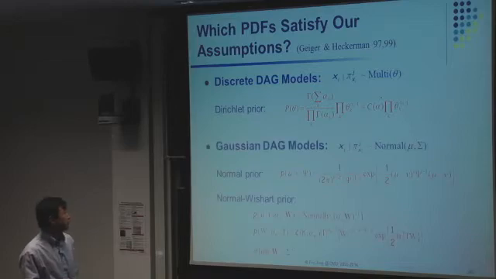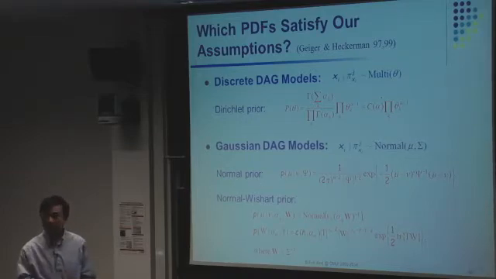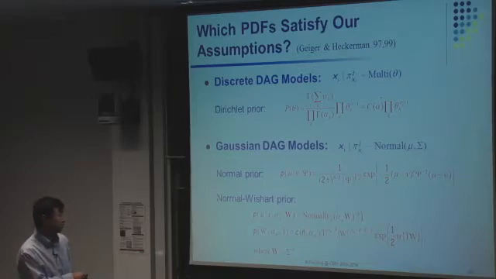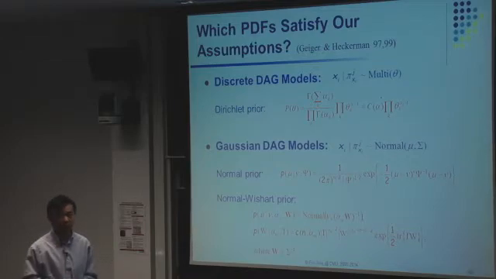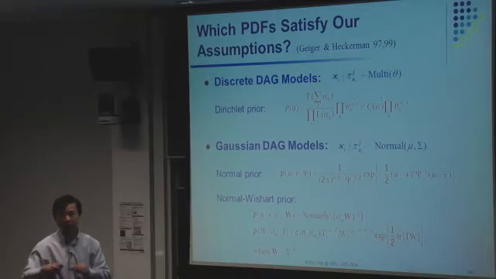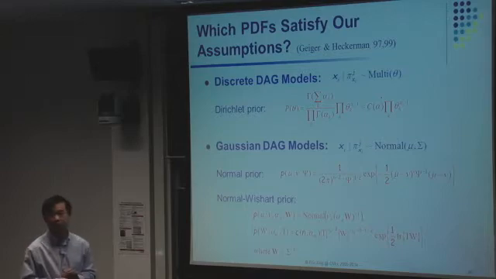And for a Gaussian distribution like this, you can use something called a normal prior if you only want to define priors for the mean, or you use something called a normal-Wishart prior, in which the mean is defined by a normal, and the covariance is defined by this Wishart distribution. So these two are choices where, once you use them generically for the prior on any parts in the graphical model, they still guarantee global and local independencies.